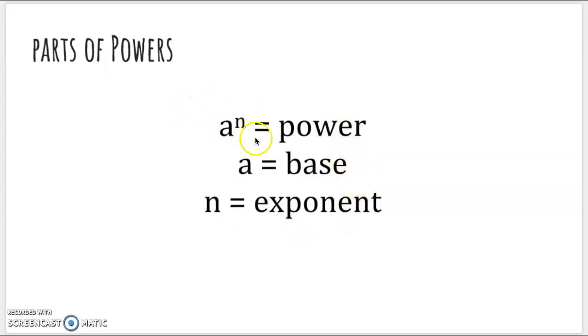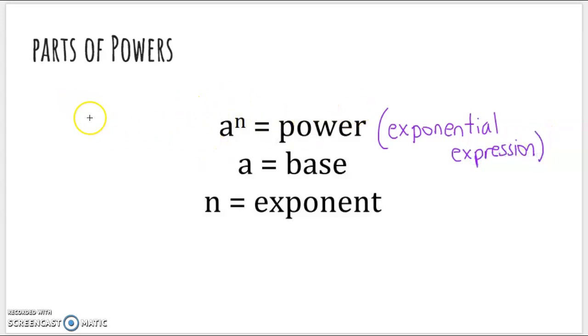So in general, this whole term can be called a power. When you have something to an exponent, the bigger sized something is called your base, and then the n is the exponent. I will very regularly refer to this as an exponential expression.